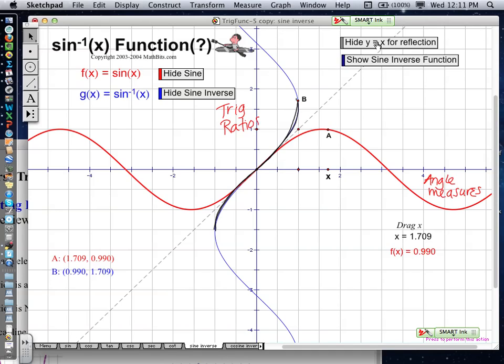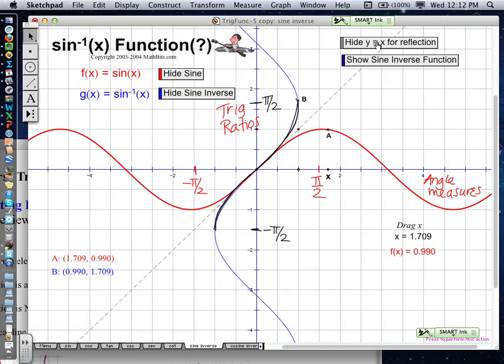So if I limit the domain of the original function, I'm going to make this graph only go from about negative pi over 2 to positive pi over 2, approximately there. And then when I reflect that across the line y equals x, and I look at my new graph, its range is going to go from pi over 2 down to negative pi over 2.